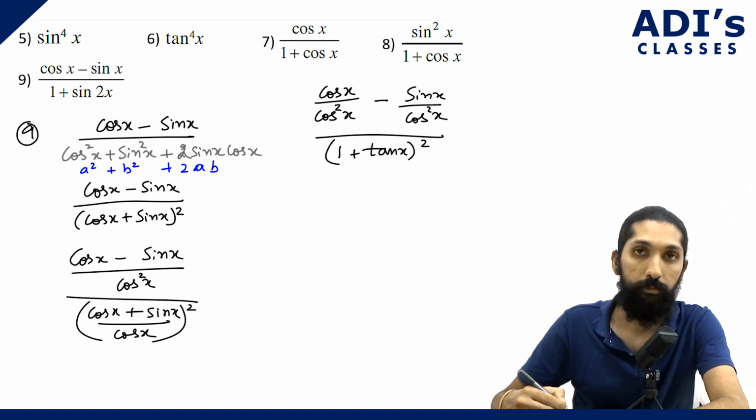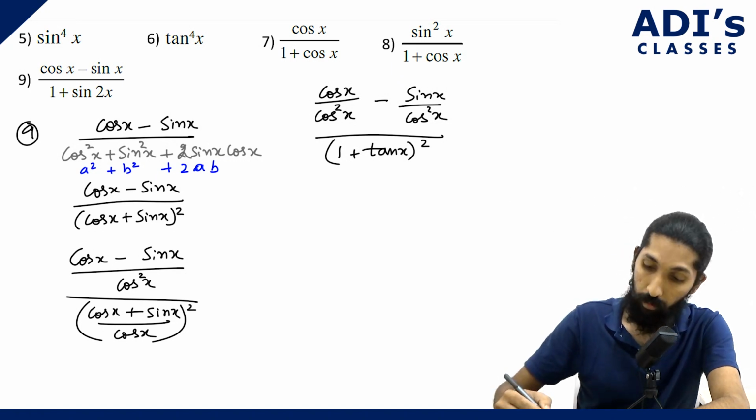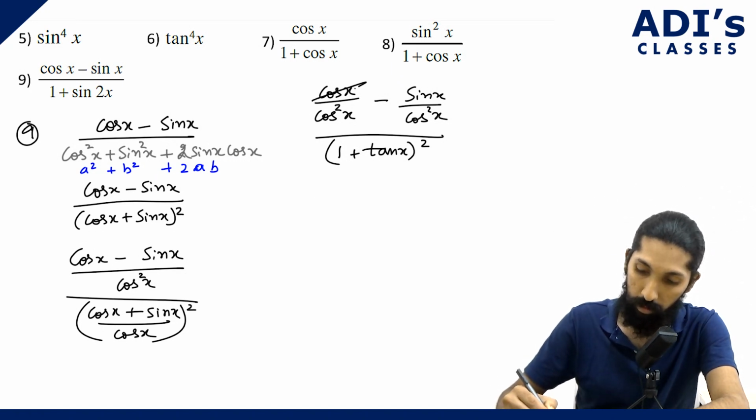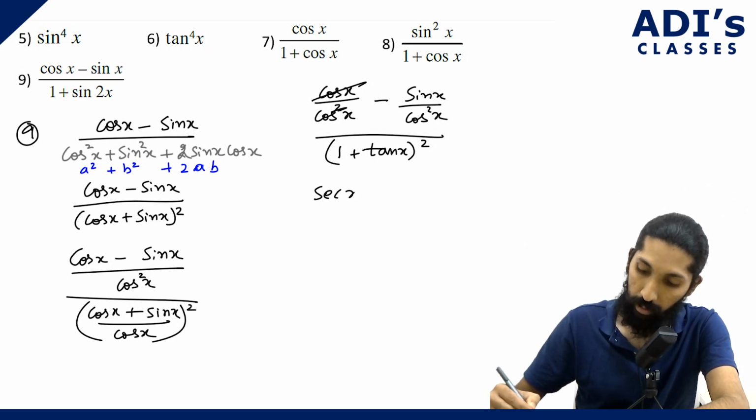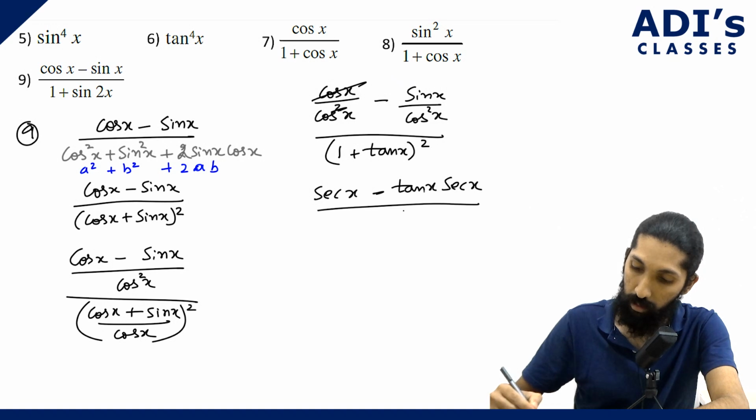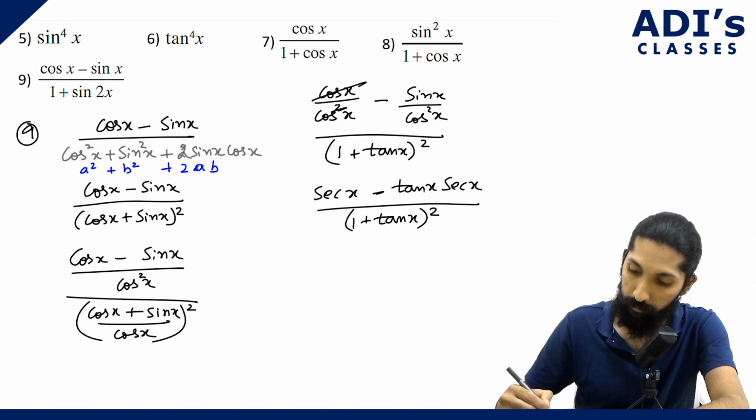Got it? So this is going to become, see, 1 cos and cos cancels out. So you're going to have secant x minus tan x into secant x by 1 plus tan x whole square. Okay.